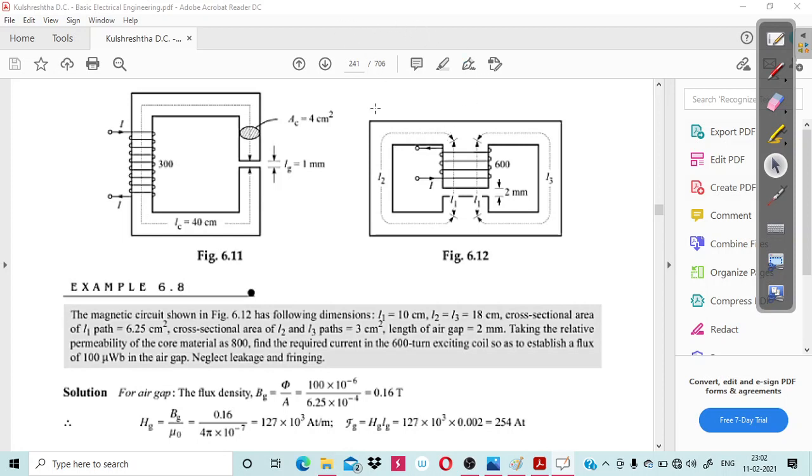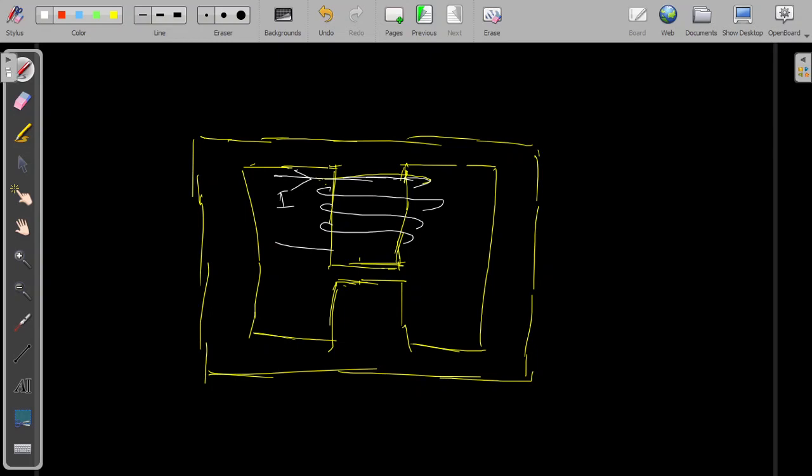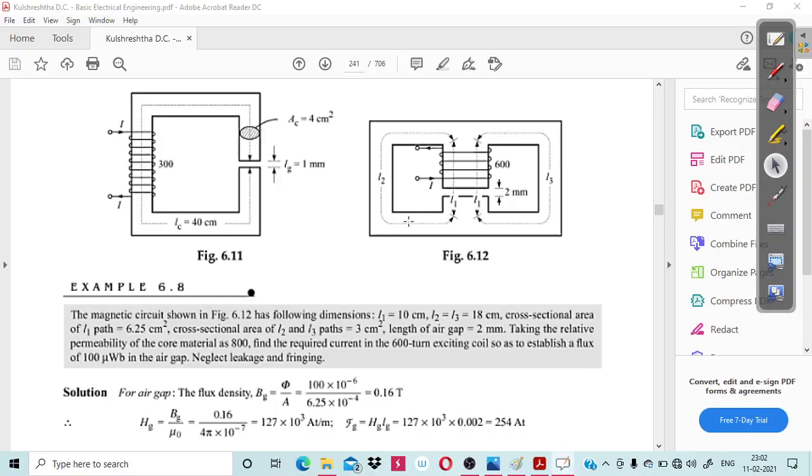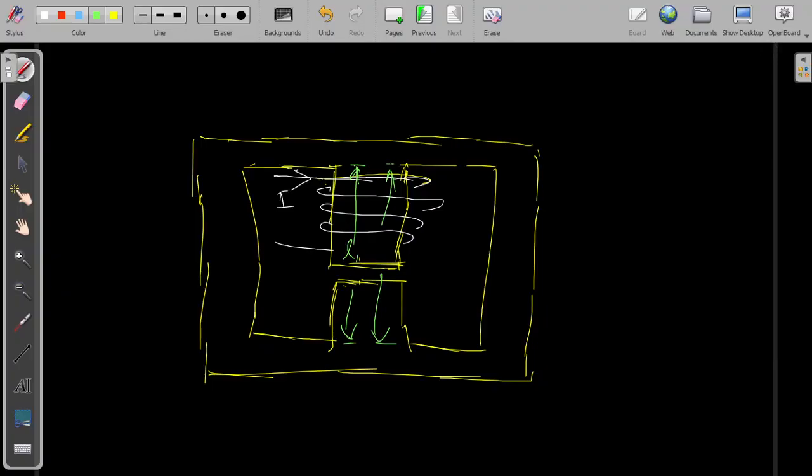L1 is this length, up to here. L2 and L3 are equal, measured from this blue line.